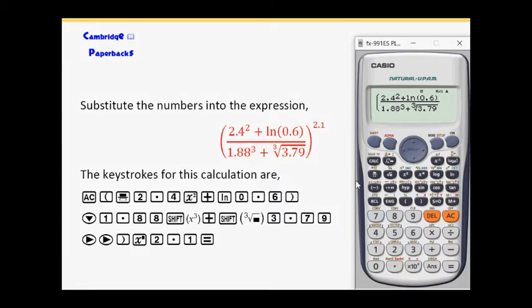So we need to use the cursor twice, once, twice, and then we put in our bracket, and we need to raise this to the power of 2.1. So there's the power key, and then enter 2.1, equals, and our answer is 0.39.